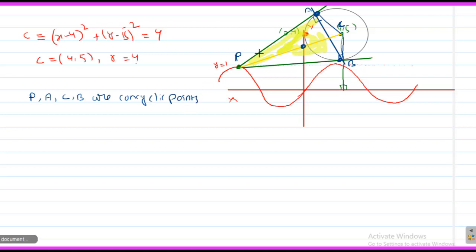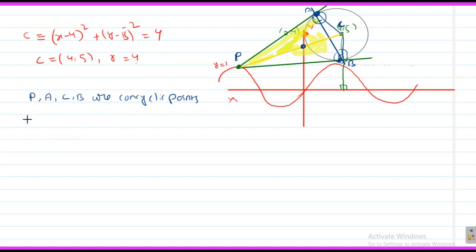Observe students here, in this quadrilateral angle A is 90 and angle B is 90. In any quadrilateral, if one pair of opposite angles sums to 180 degrees, it is a cyclic quadrilateral, meaning there exists a circle that passes through all 4 of its vertices, that is P, A, C, B. That is the required circle, the circle which passes through P, B, A.